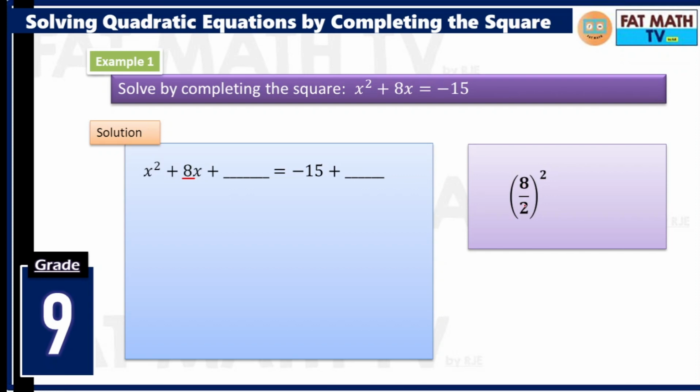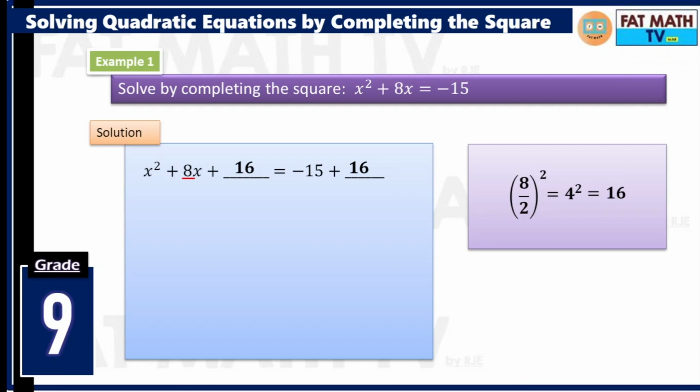So take half of 8 and then square it. Half of 8 is 4, and 4 squared is 16. So you will add 16 to both sides of the equation. Of course, if you add 16 to the left, you have to add 16 to the right to have an equivalent equation to the original.